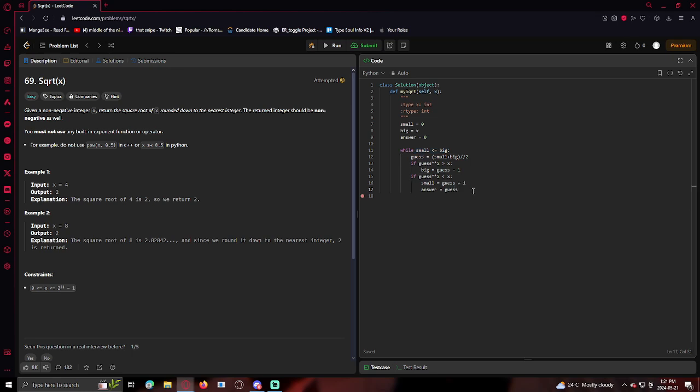And then we need one other if statement: if they're equal to each other, we're just going to do else, which is going to return guess. And then at the end, when this while loop breaks, whatever number is stored in the answer is what we're going to return, because that's going to be the highest integer that doesn't go over what we're trying to find.